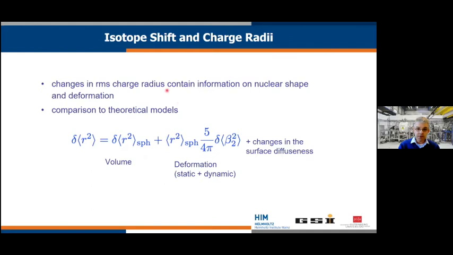The changes in the mean square charge radius contain information on the charge distribution and thus on the nuclear shape and the deformation. And we can compare it, of course, with the different theoretical models. So you can say, okay, the delta R squared that you obtain from your measurement can be parameterized.